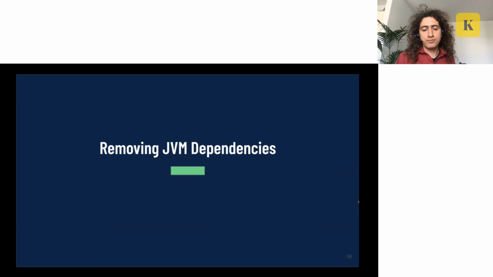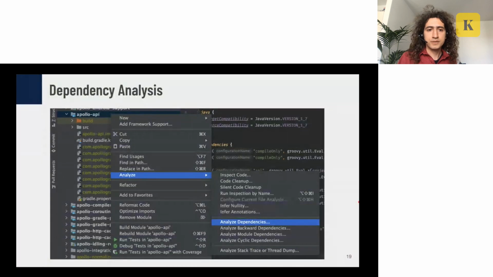So the next step we followed is resolving the JVM dependencies. They need to be removed because they cannot really be used in Kotlin Native or iOS, right? There is this really great IntelliJ feature that I have used for many years in my company when I do modularization.